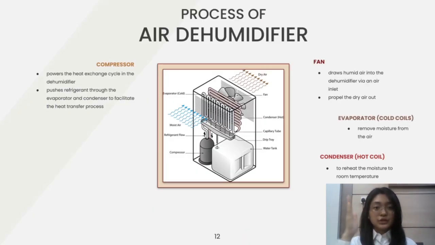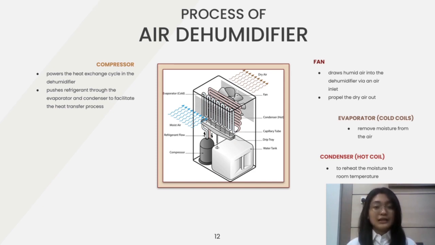This figure shows the air dehumidification process. Firstly, the compressor is the part of the dehumidifier that powers the heat exchange cycle. As the compressor runs, it pushes the refrigerant through the evaporator and condenser to facilitate the heat transfer process. The fan will draw the humid air into the dehumidifier via an air inlet.